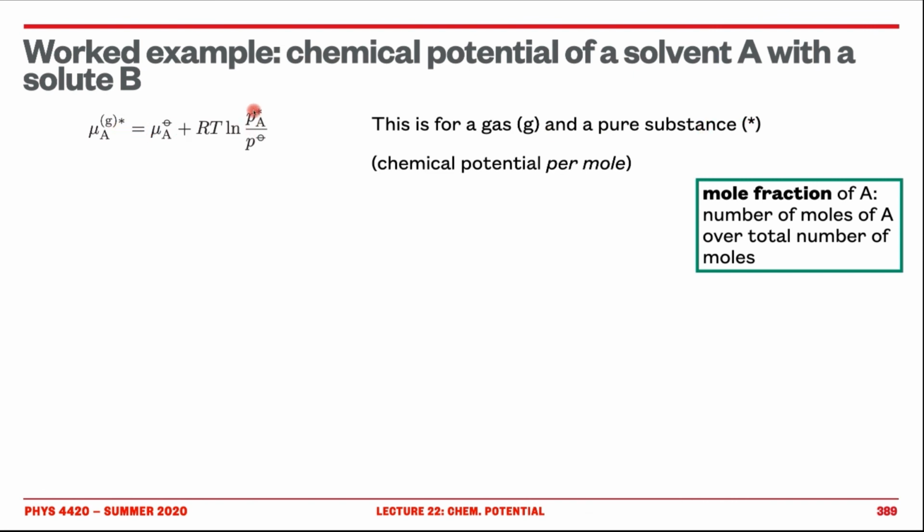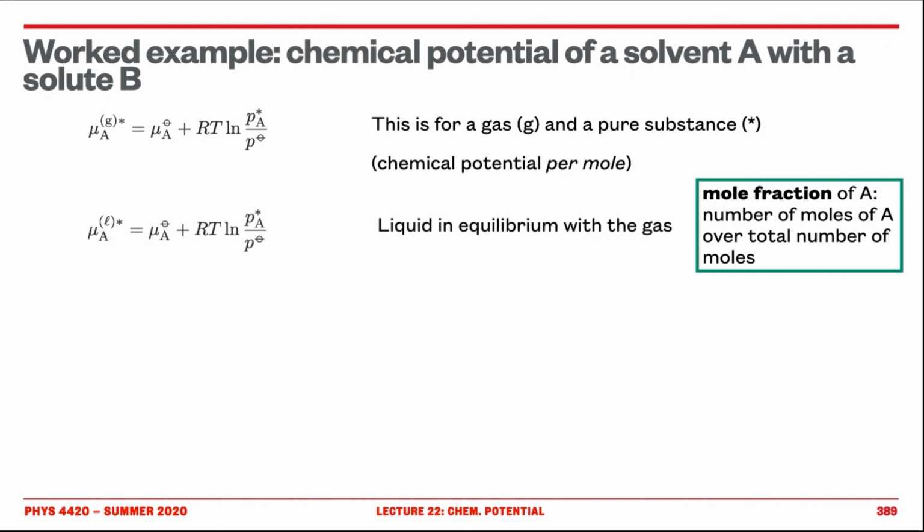So we have a pure substance of A. So this is a pure solution. Remember, this is the left-hand side of my osmotic chamber that I showed, or the big bath. Okay. We recognize R here instead of kB, so we are definitely working per mole. Okay, this is your telltale sign.